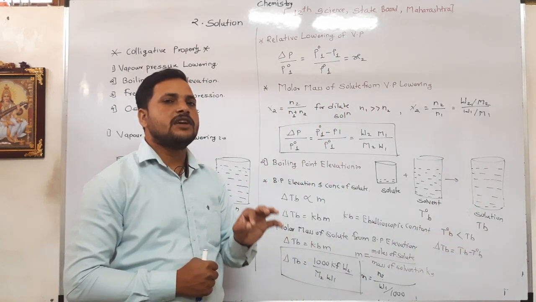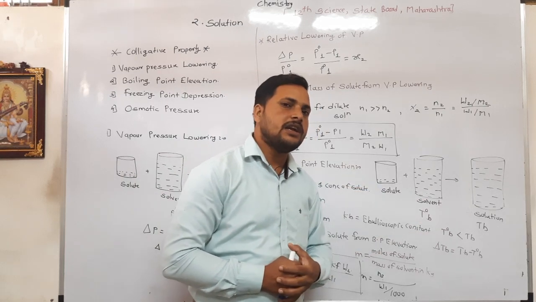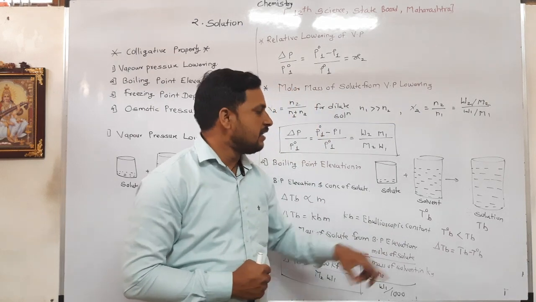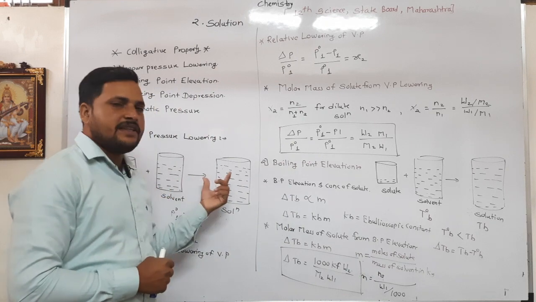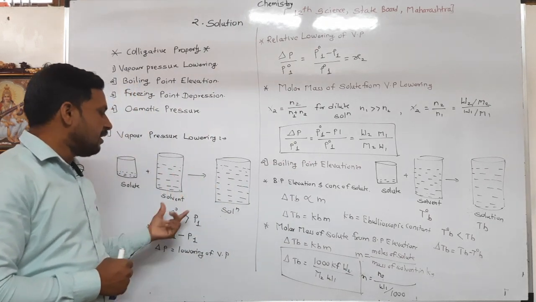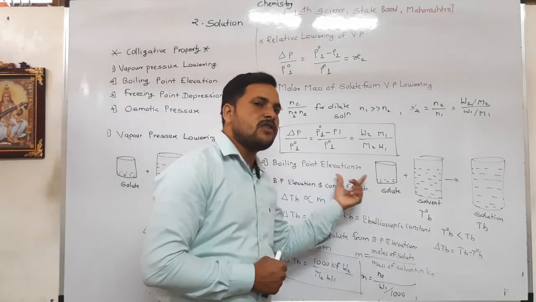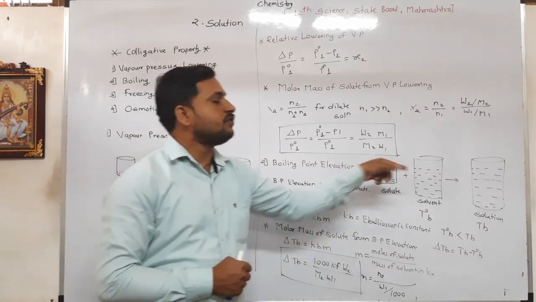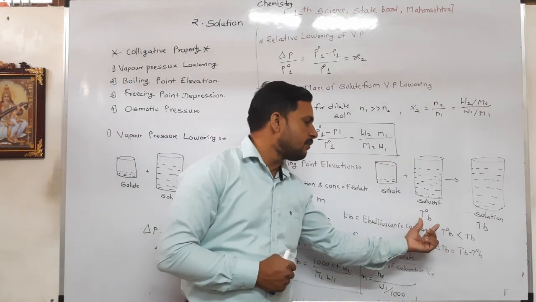In simple way, we can say that when solute plus solvent form a solution, the solution has a higher boiling point than the pure solvent. Take a comparison. In vapor pressure lowering, the vapor pressure of solvent is greater, whereas in case of boiling point elevation, the boiling point of solution is greater. Let us take examples of symbols.